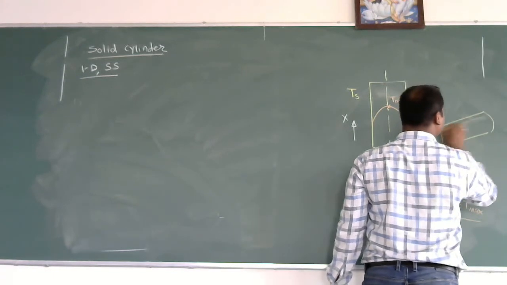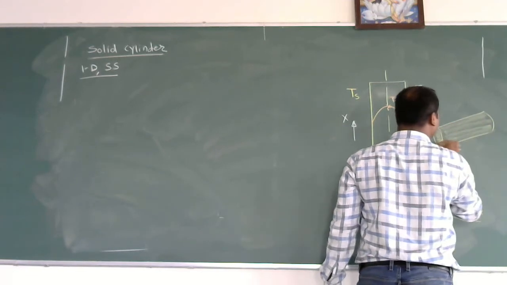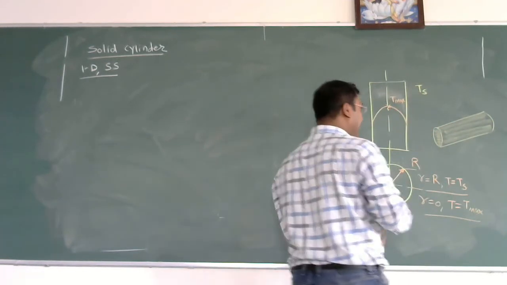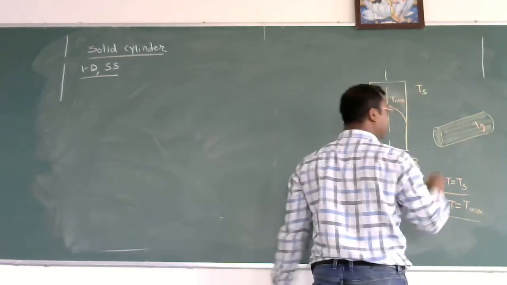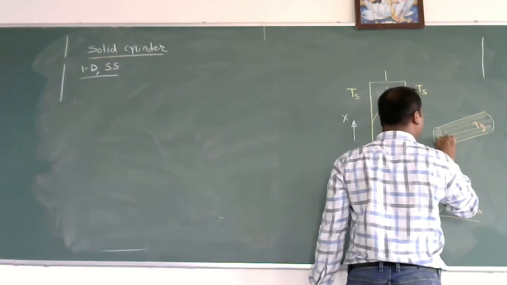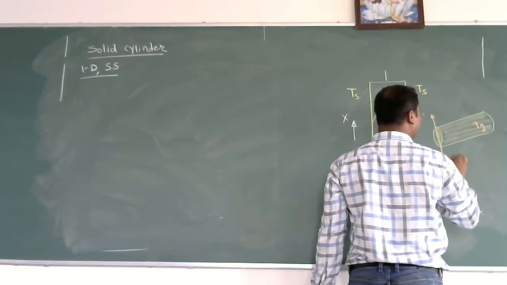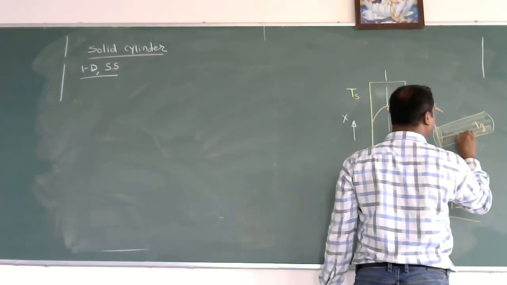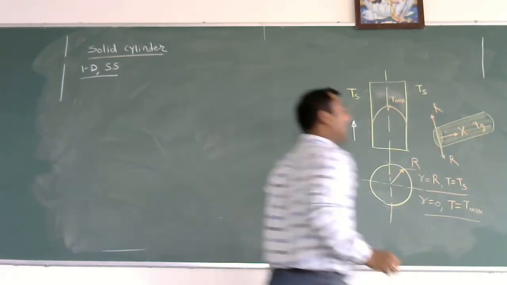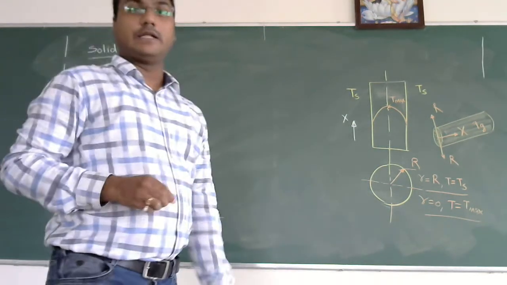It is a solid cylinder, and there is Qg, that is internal heat generation. I am interested in the heat transfer in the radial direction. I am not interested in heat transfer in the axial direction. That's why I can imagine this problem as a one-dimensional heat transfer problem.